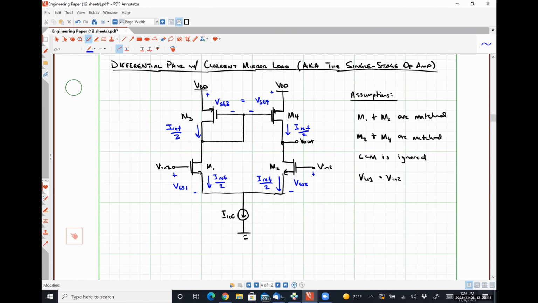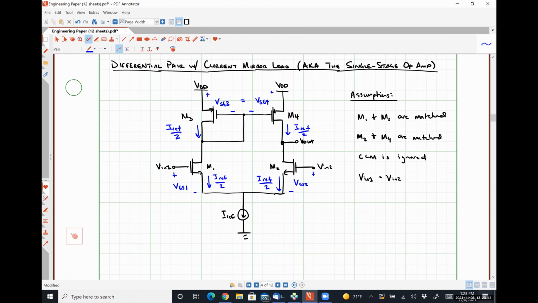So to recap what's going on here, since VGS1 and VGS2 are identical, the current I ref gets cut in half, with each transistor M1 and M2 carrying exactly half. M1 is acting as a current source, which is biasing M3.